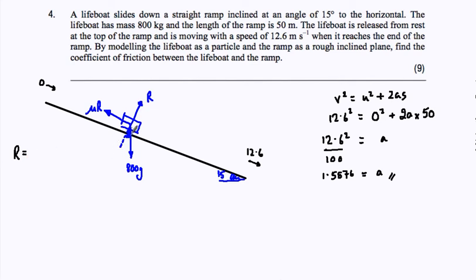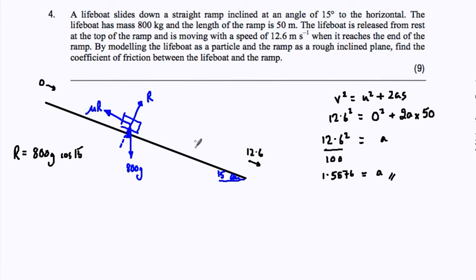So reaction up equals 800g, and that will be cosine, adjacent to that 15. So 800g cosine 15. There we go, that's my reaction. That also tells me, of course, the friction is mu times the reaction going up.